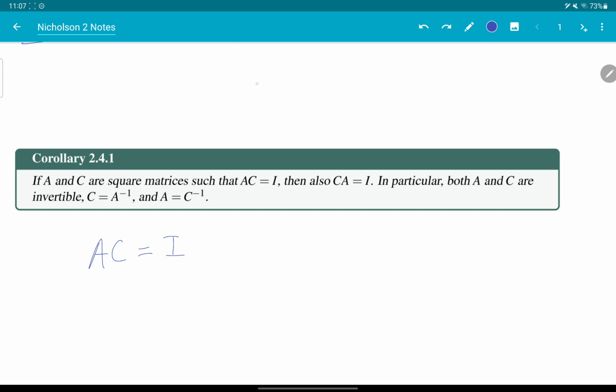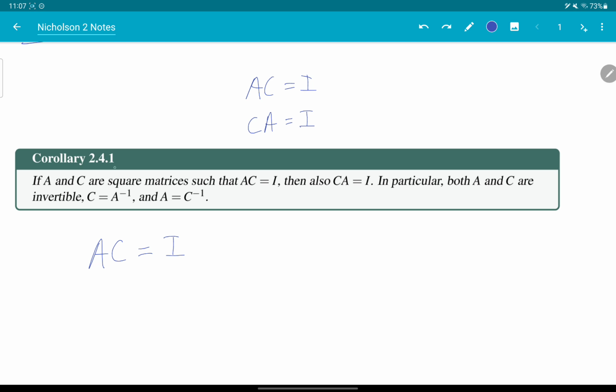The definition of an invertible matrix would say that I need AC equal to I and CA equal to I. I need both those things to be true. So it turns out that in the case of square matrices, I only need one of these to be true, and then the other one will automatically be true, and A and C will be each other's inverses.